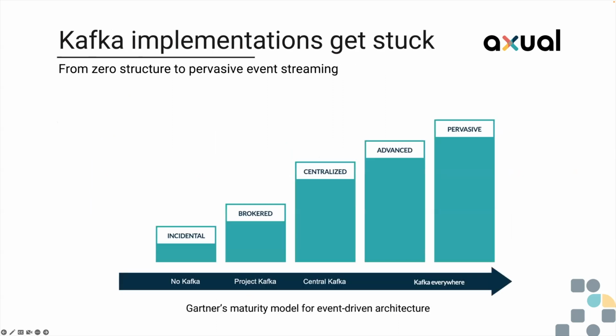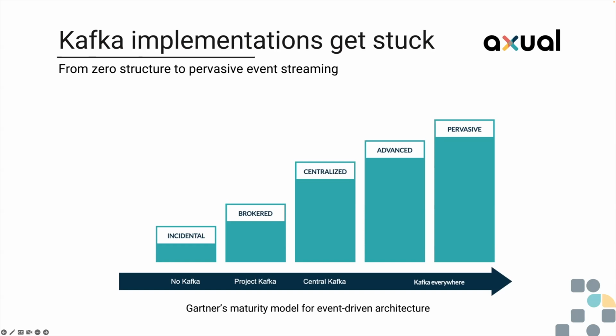And this is exactly one of the challenges that we often see in the growth path of organizations that adopt Kafka in some way. Initially, there are incidental agreements on the sharing of events between applications. This could be done over MQ, or in any other way. At some point, it makes sense to have a broker put in the middle.